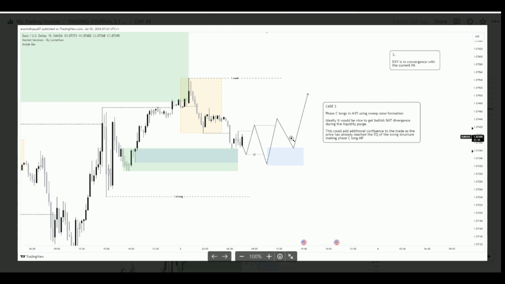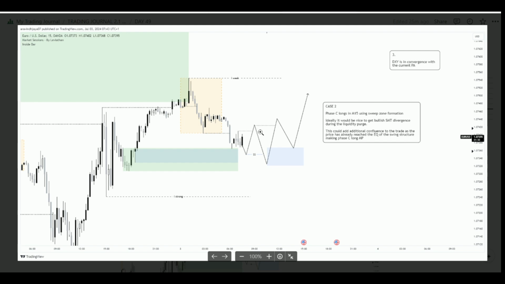Case 2, again phase C longs in M15 using sweep zone formation. Ideally, it would be nice to get a bullish SMT divergence during the liquidity purge. So this is the liquidity purge during a fake break, and once there is a bearish change in the order flow, a ton of liquidity will be engineered here. Price can purge this liquidity and then push up.